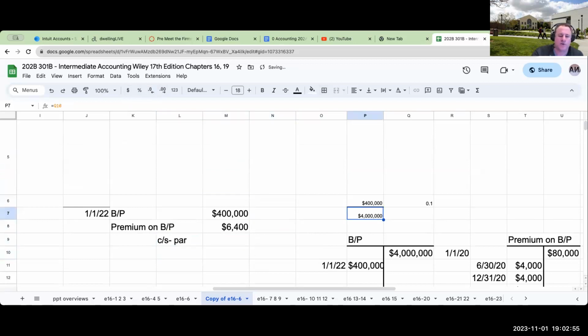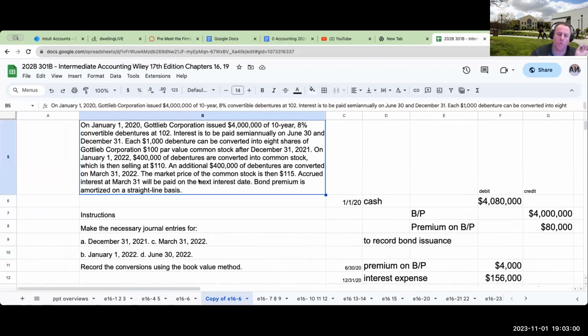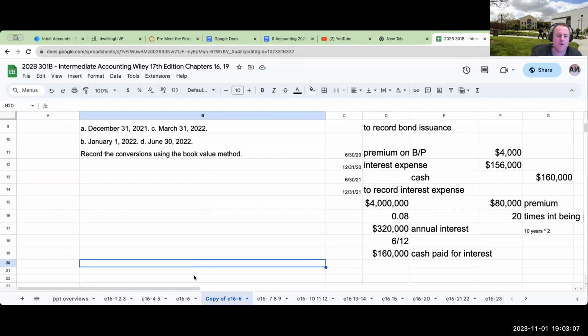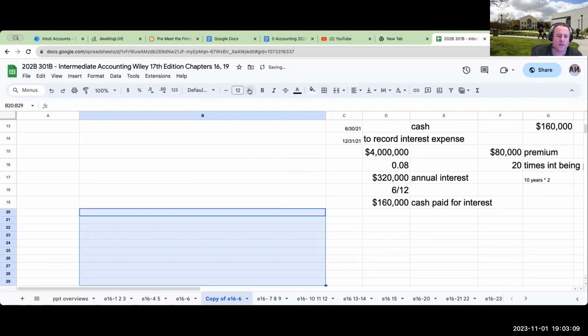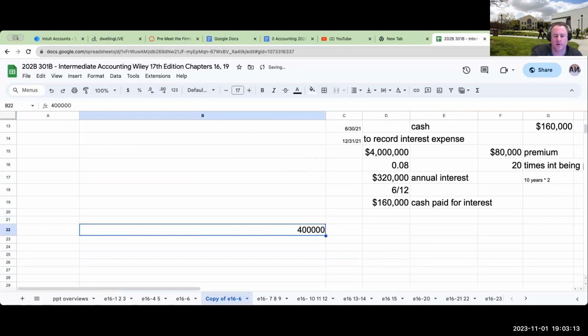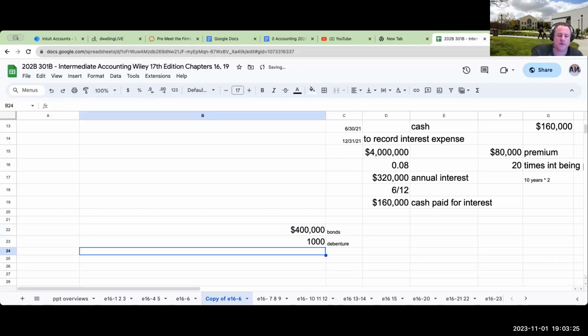Now, in terms of the bonds that are being converted, it says that each $1,000 debenture can be converted into 8 shares of Gottlieb Corporation common stock. So over here, if I have a total 400,000 shares, or excuse me, 400,000 of bonds, the debenture is basically 1,000.